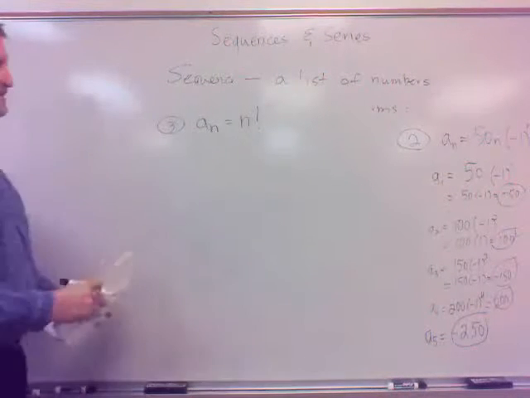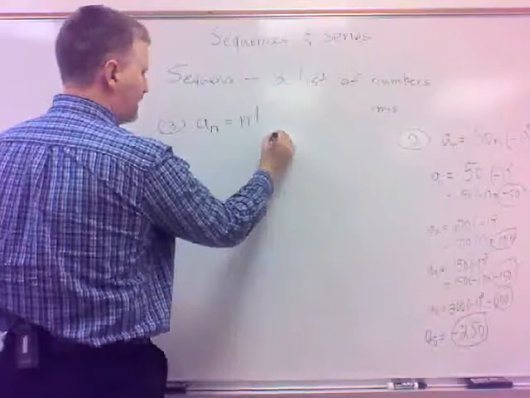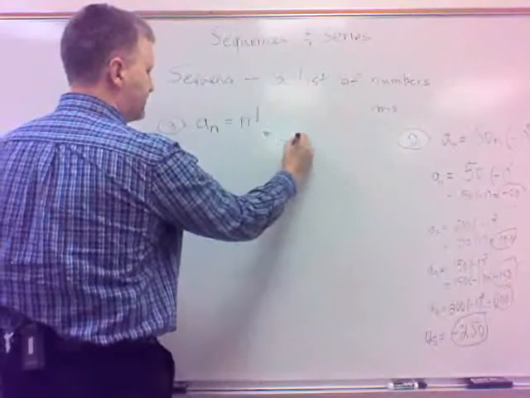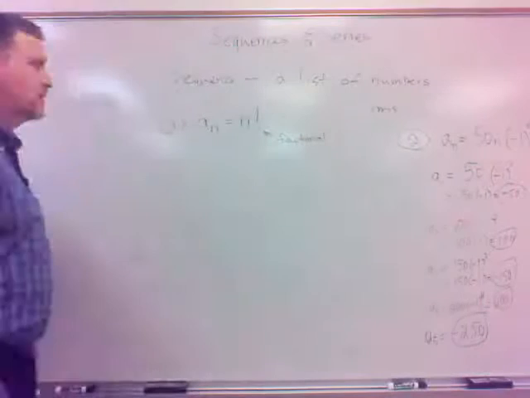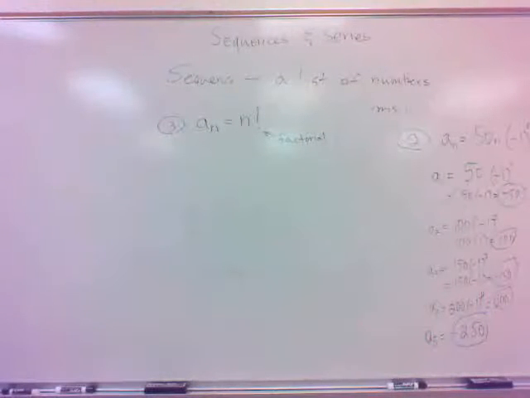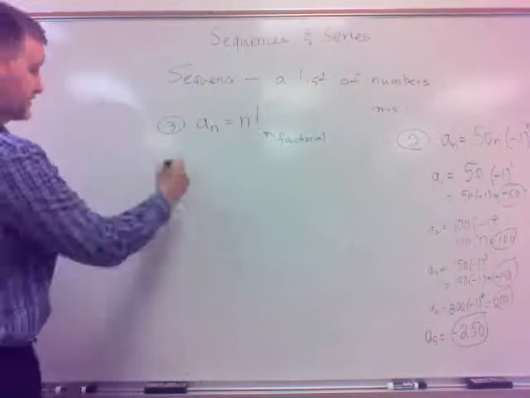We'll talk about it more in some other classes, but it comes up more in probability or statistics class. But anyway, just FYI, while we're at it, it's called factorial. And there is a button on your calculator that does these, but here's what it means.